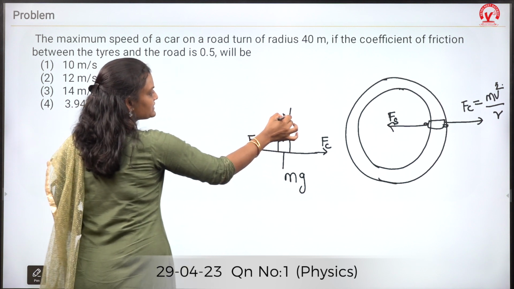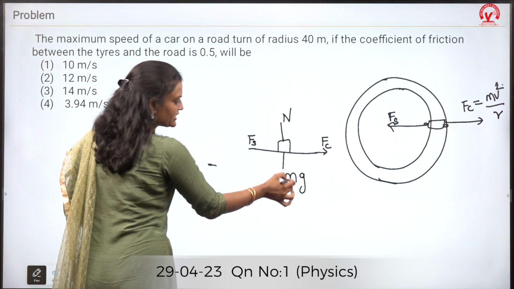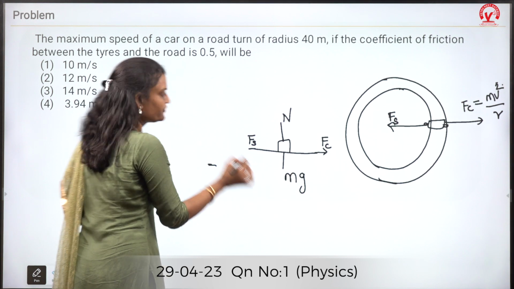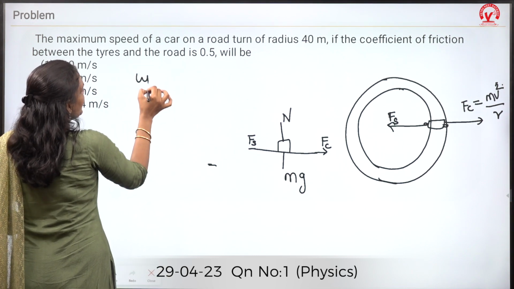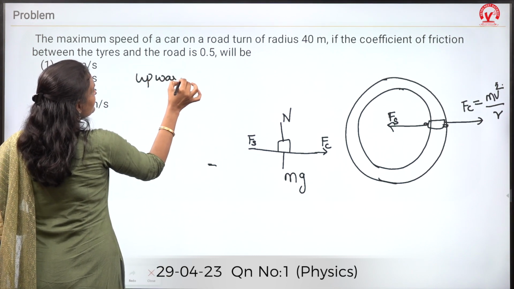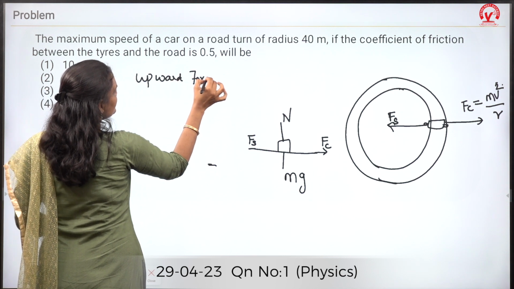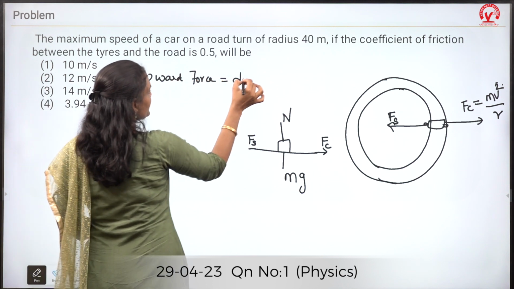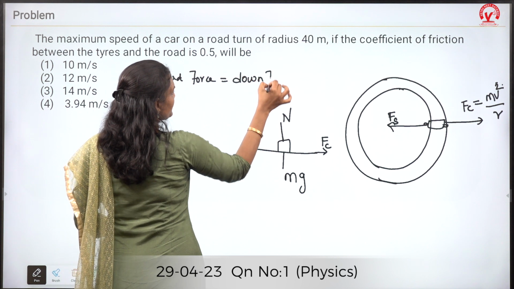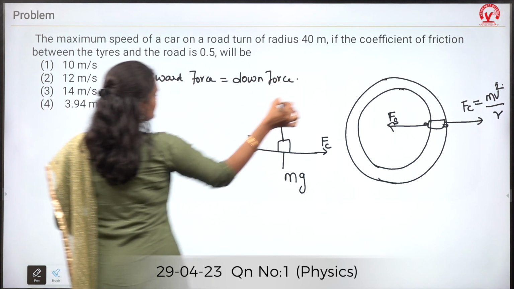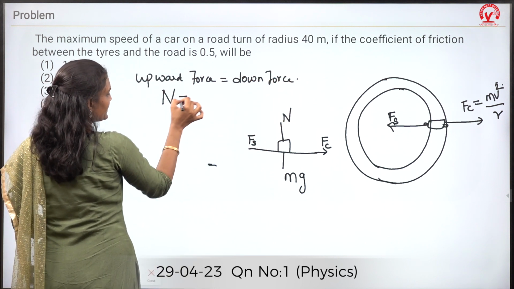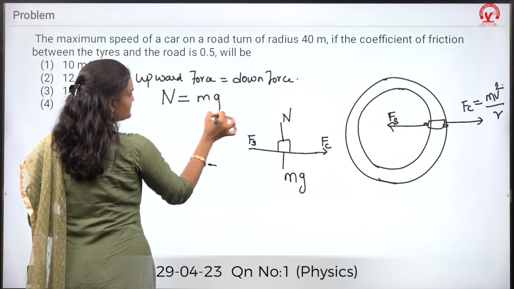The upward force is the normal reaction N, and the downward force is mg. So the upward force is equal to the downward force.